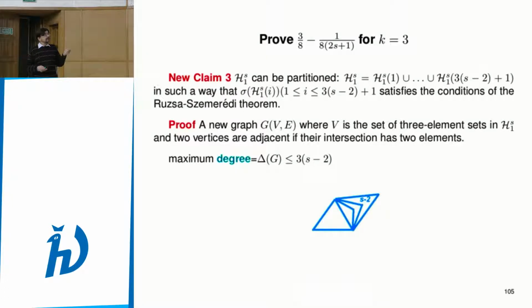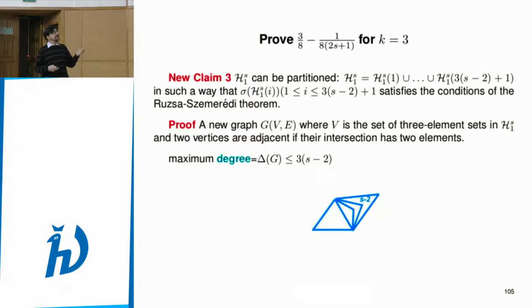A triangle is adjacent to this triangle if they have a common edge. So such things are neighboring. But we said that it cannot have s minus 1. Oh, so maybe it's s minus 3. I don't know.